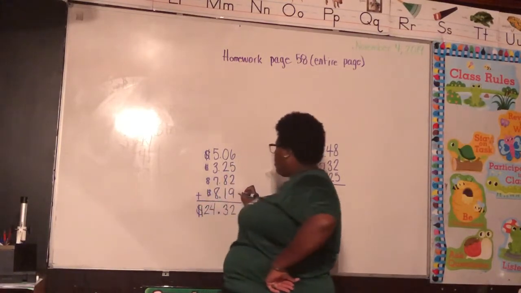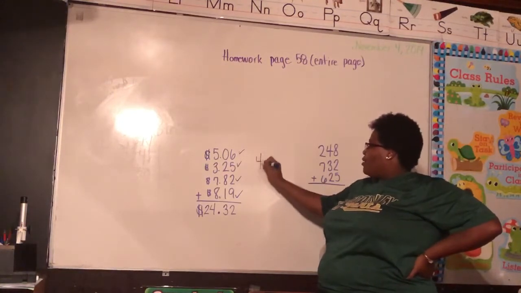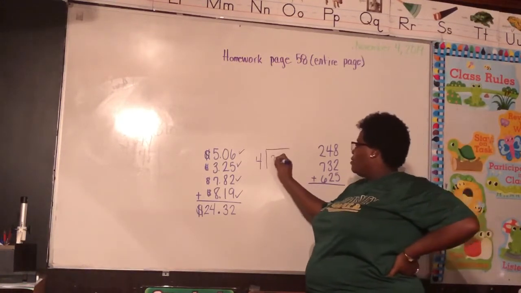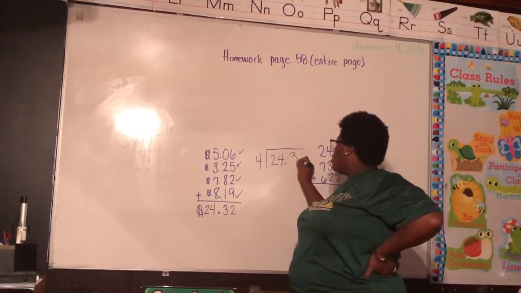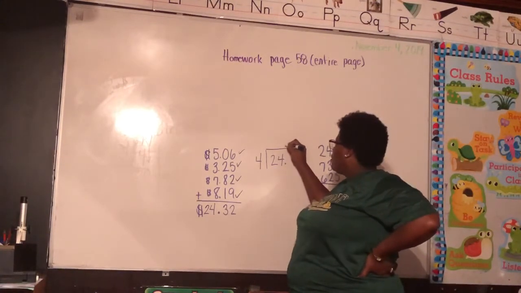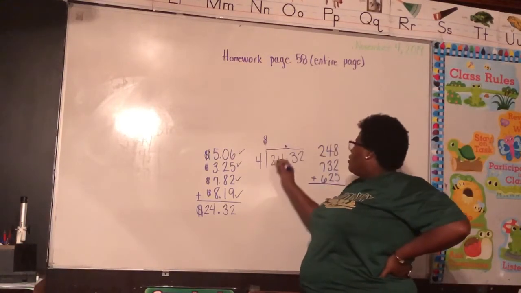You're going to count your numbers. 1, 2, 3, 4. So we know we're dividing by 4. 24, 32. I'll put my decimal. I'm going to still put my dollar sign too.